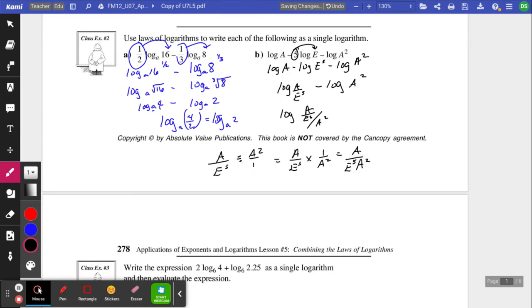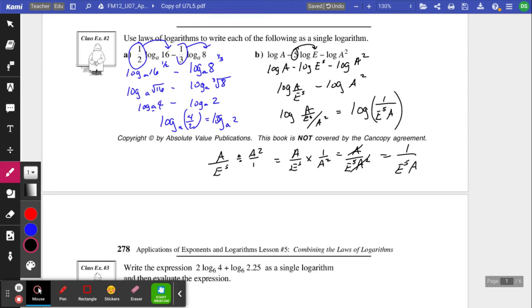You following me? Okay, but then this a and this a cancel, and you have 1 over e to the 5a. So that's what this is going to be. Log of 1 over e to the 5 and an a, like that. So there's a few steps that you got to work on.